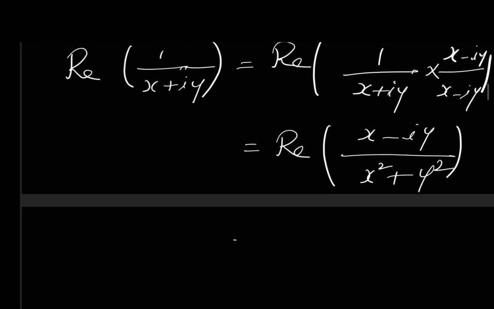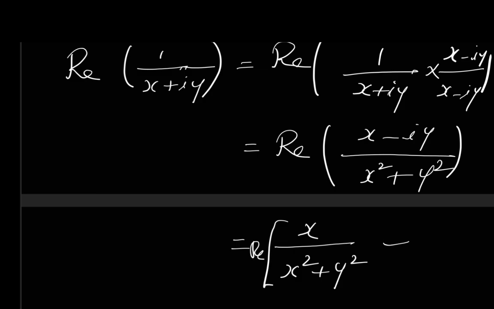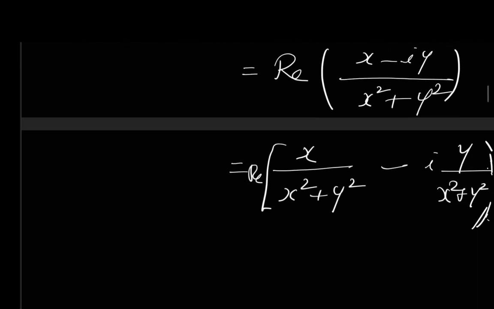So we need only the real part. The real part of the numerator is x, and the denominator is fully real. So take the real part of x by (x square plus y square), or we say the real part of minus iy by (x square plus y square) is zero. So this is the standard form of the complex number.